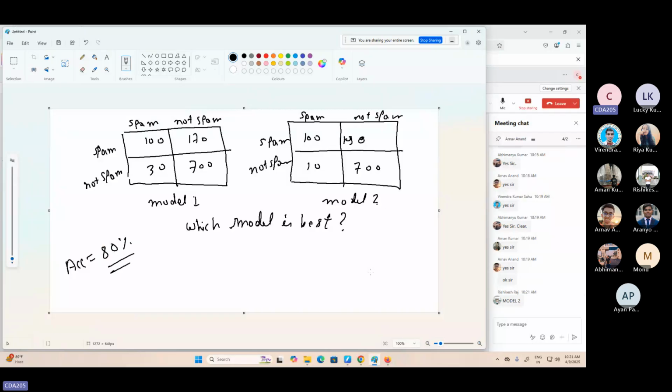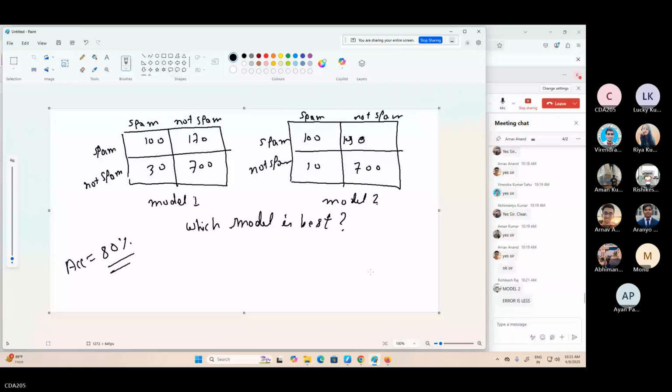Why Rishikesh, model 2? The reason? Error is less.